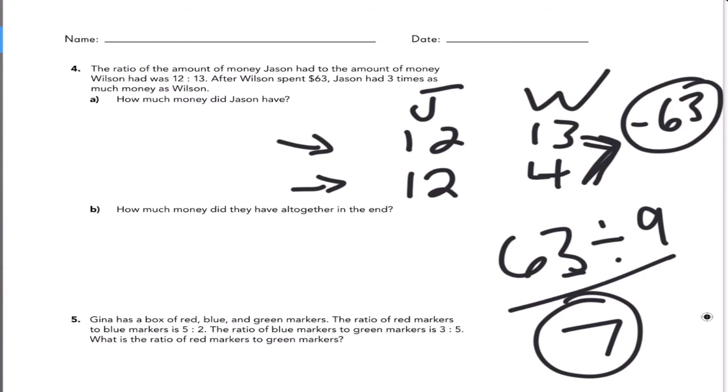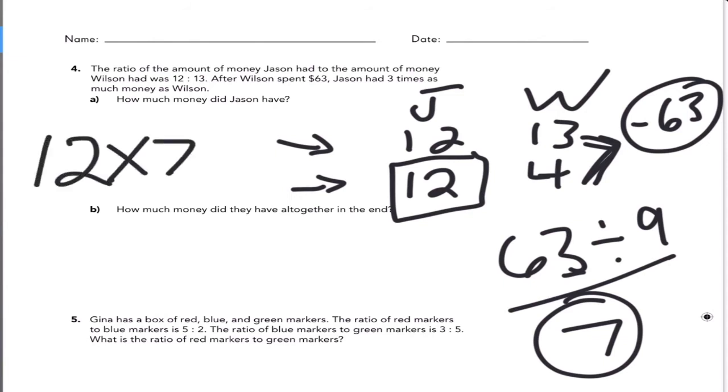So it says, how much money did Jason have? Well, Jason will have 12 units of 7. You're going to do the math, I'm not going to do it for you. That's how much Jason's going to have. So what you need to figure out is how much is each unit. And by doing this, we found out that each unit is 7.